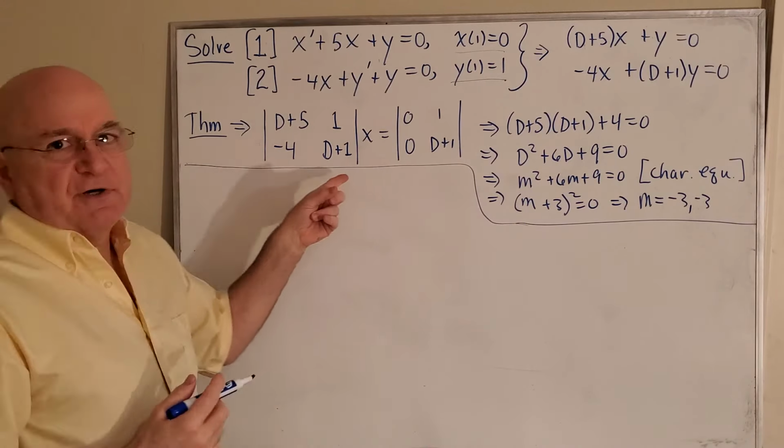Oops, sorry. Easier than that. I was multiplying x prime by 5. We're doing minus 5x. Here's x. So I would have minus 5 c1 e to the negative 3t minus 5 c2 t e to the negative 3t.